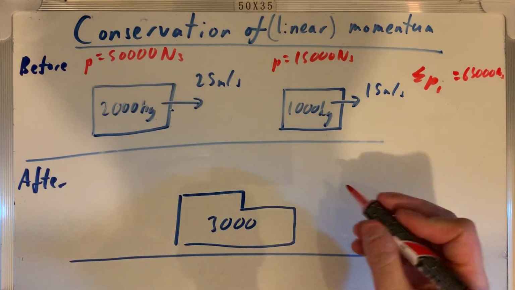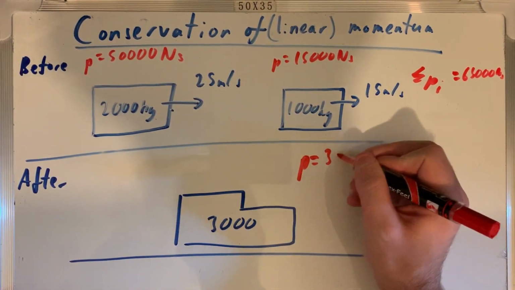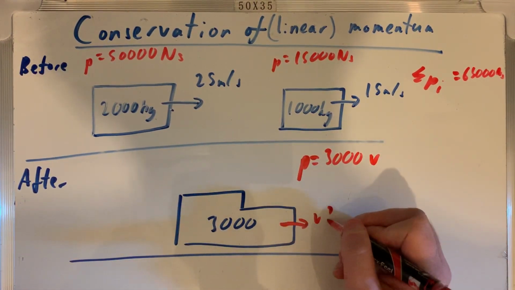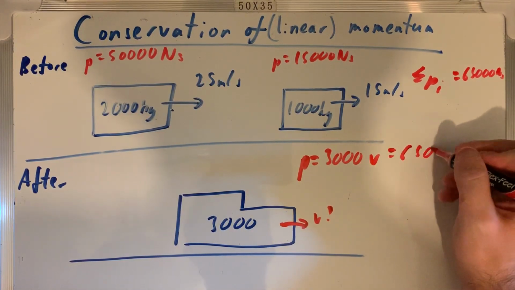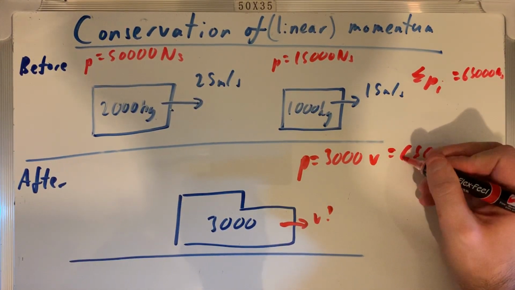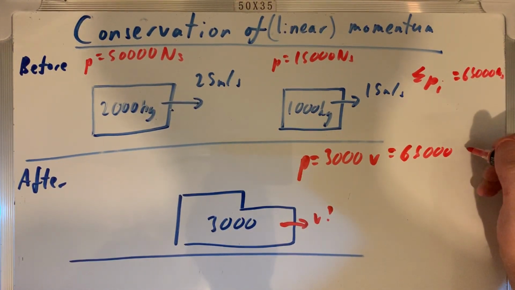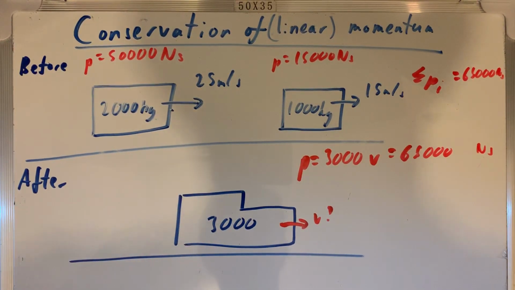So afterwards, the momentum of this thing must be its mass, 3,000, times v. So v is the mystery velocity that we're trying to calculate. And that must be equal to the same momentum from before, 65,000, just put the unit there to remind myself.